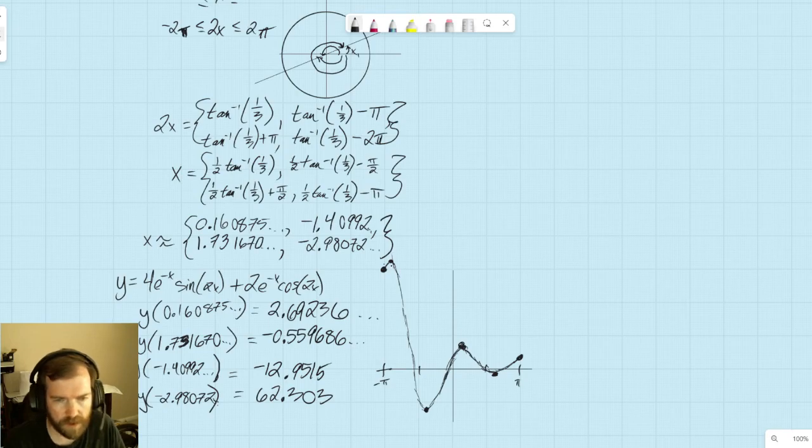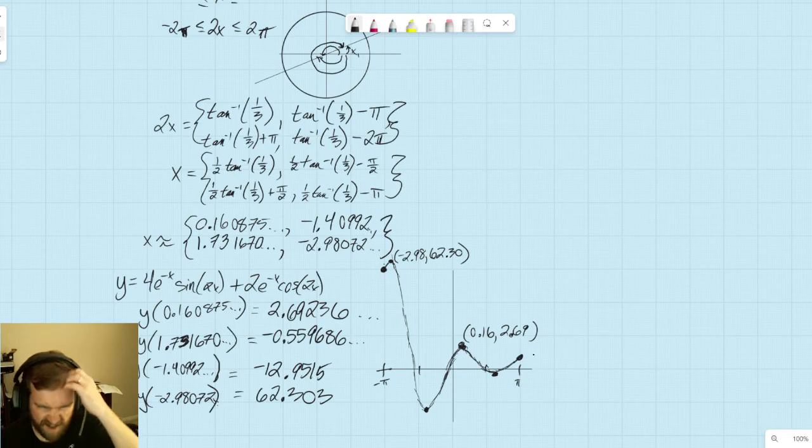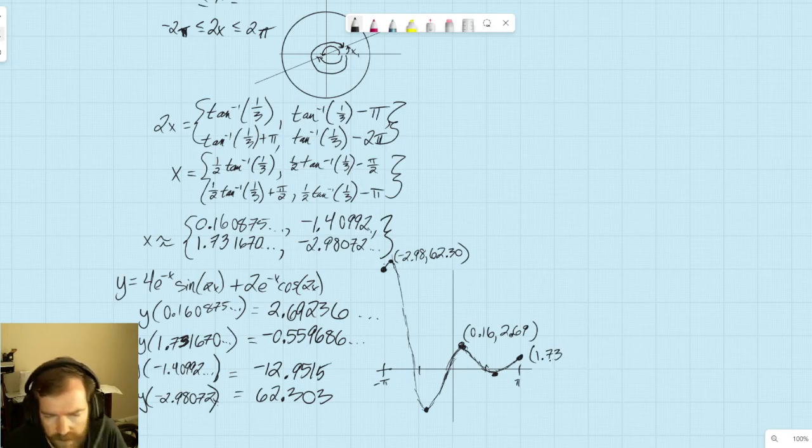So this is our negative 2.98 by 62.30. This one here is our 0.16 by 2.69. This one is 1.73. That is not 1.73. Oh no, that's pi.